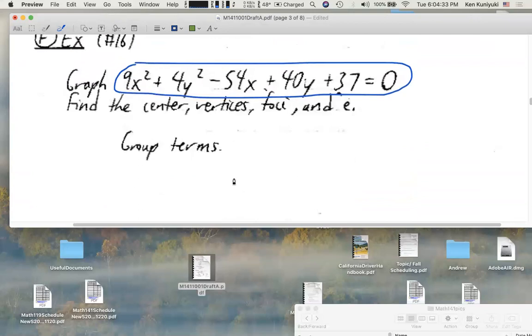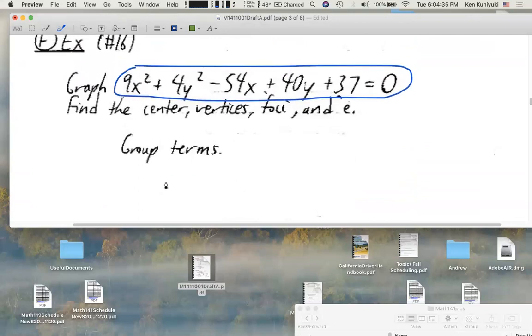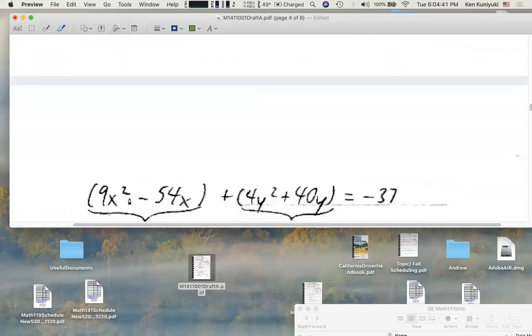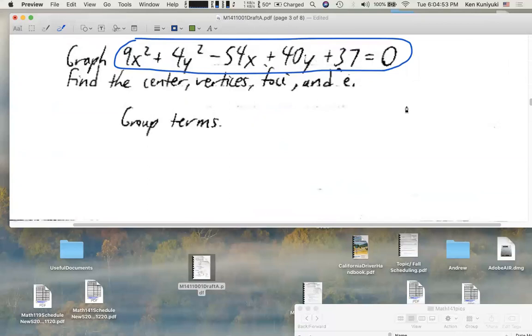First, we're going to group the terms. We're going to group the stuff in X and the stuff in Y. So we group the X squared term and the X term over here, the Y squared term and the Y term over here, separate with a plus sign. And then we subtract 37 from both sides.